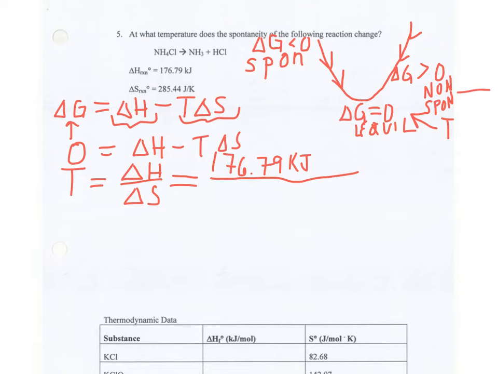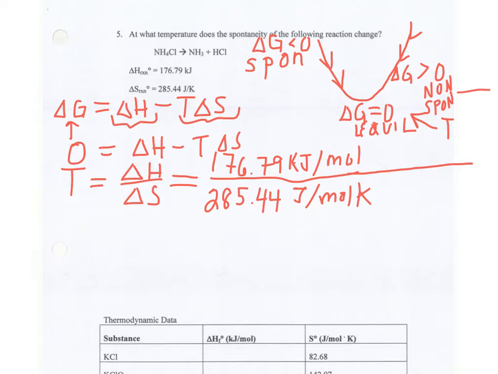The entropy for the system is 285.44. Well, this will be kilojoules per mole. This will be joules per mole Kelvin. And again, this is in joules, this is in kilojoules, so you have to make the change to convert to consistent units. So we'll convert to kilojoules.